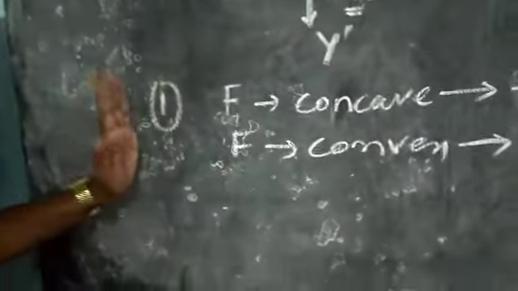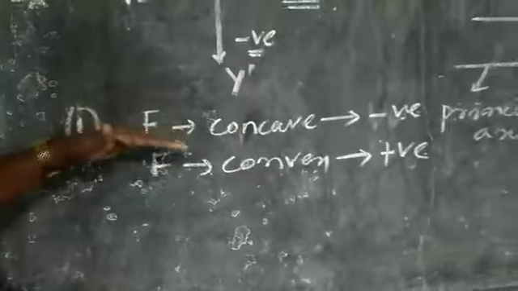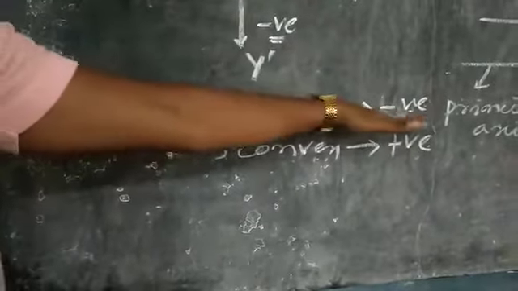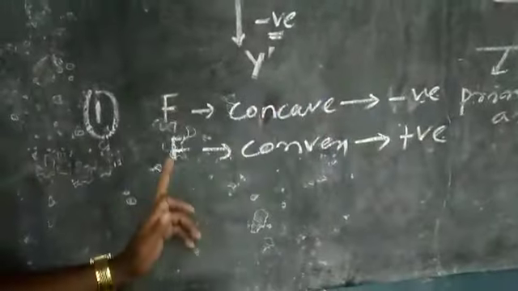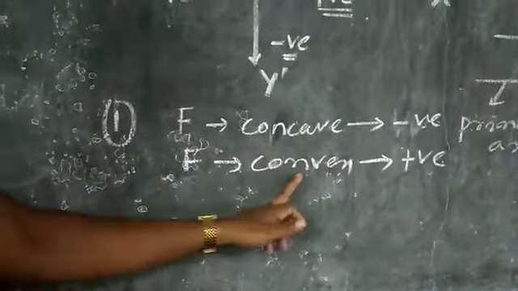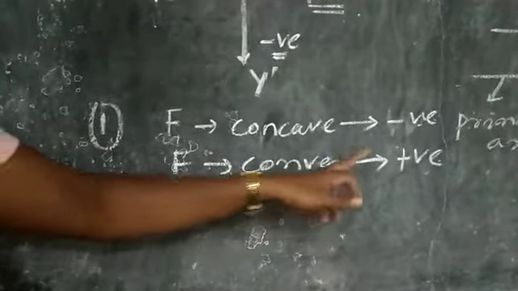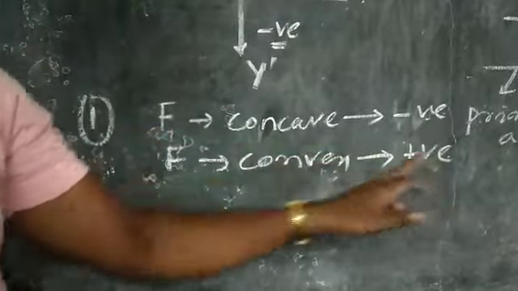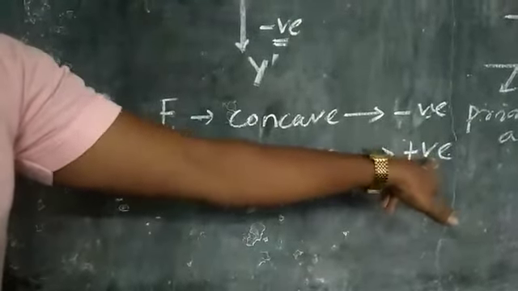The first rule is that the focal length of a concave mirror is always negative, and the focal length of a convex mirror is always positive.